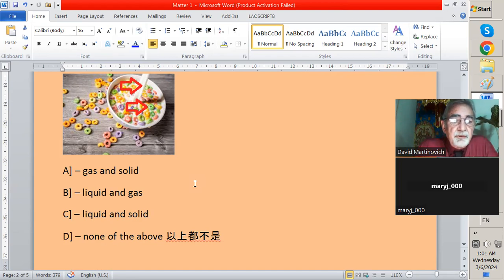Crystal says it's a liquid and a solid. Is she correct? Show me with your thumbs. Liquid and a solid. Yes, correct. The milk is the liquid and the cereal is a solid.